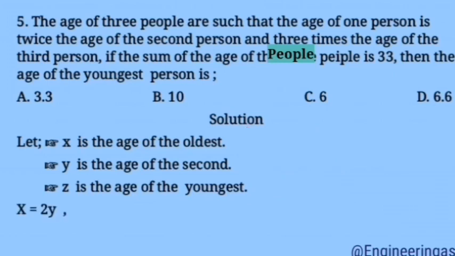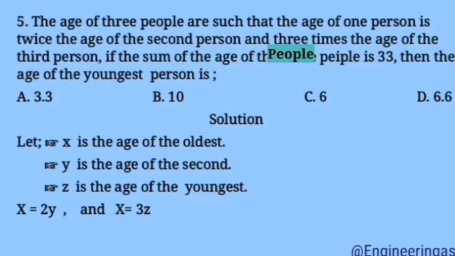Okay, let x equal 2y. x is the age of the oldest person, and 2 times y means twice the age of the second person. x is also 3 times the age of the third person. The third person means the youngest person.